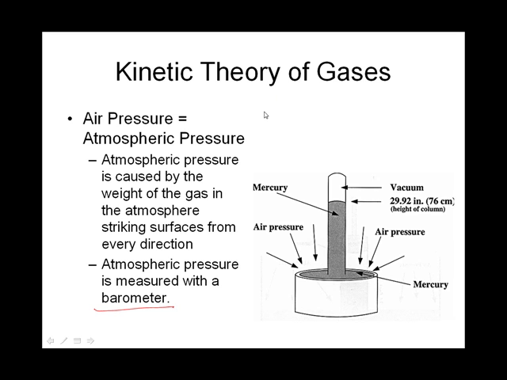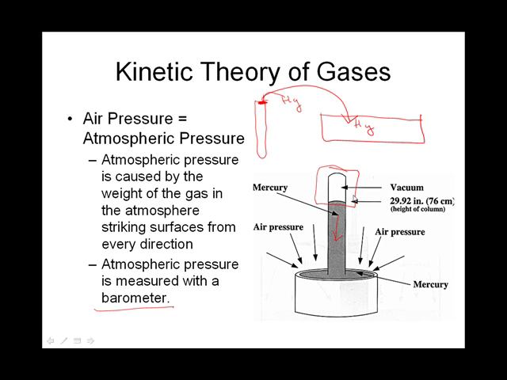created this tool to measure atmospheric pressure, and what he did was he got a long tube of glass and filled it to the brim with mercury, and had a dish with a pool of mercury. Then he flipped this mercury tube onto the pool of mercury, and he saw that some of the mercury was heavy enough to be pushed out of the tube into the pool, leaving this space right here with pretty much no particles.